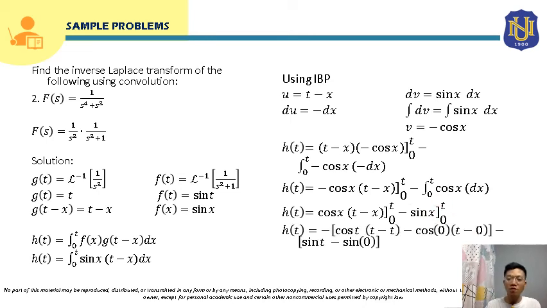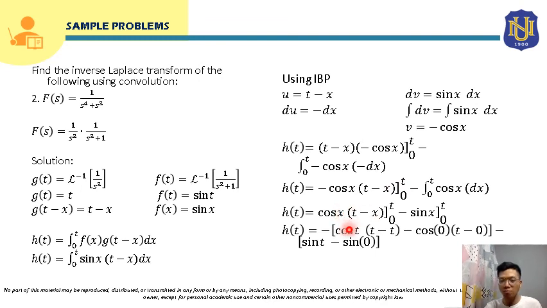So evaluating this from 0 to t, for this term, this is cosine x times t minus x. We substitute first the upper limit. There is a negative here, so we just factor out that negative sign, and then substitute the upper limit to all the variables x.